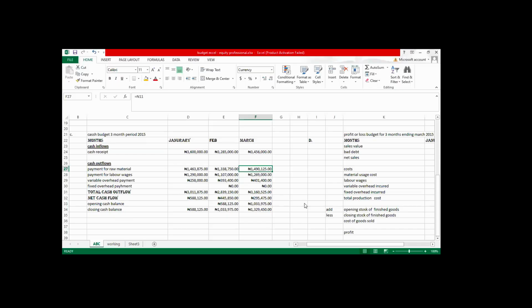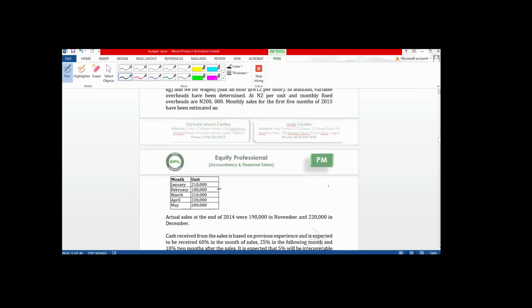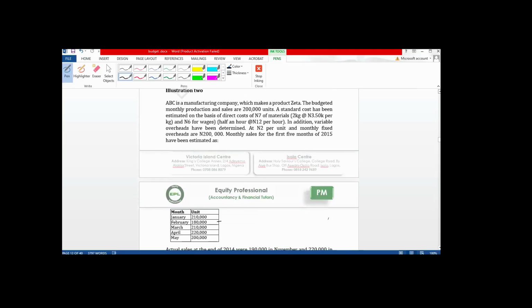Look at it here, please. Direct cost of 6 naira for wages. In brackets, half an hour at 12 naira per hour. Labor wages per unit is 6 naira.